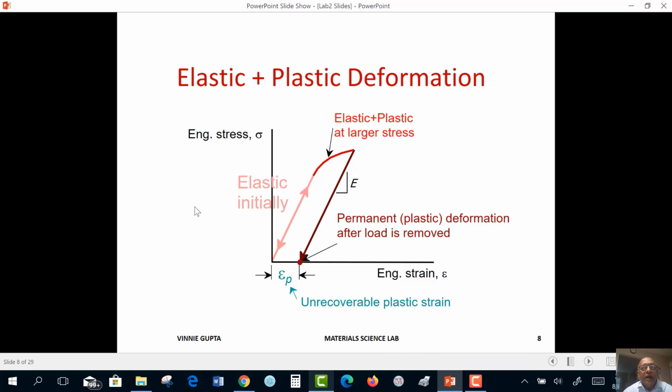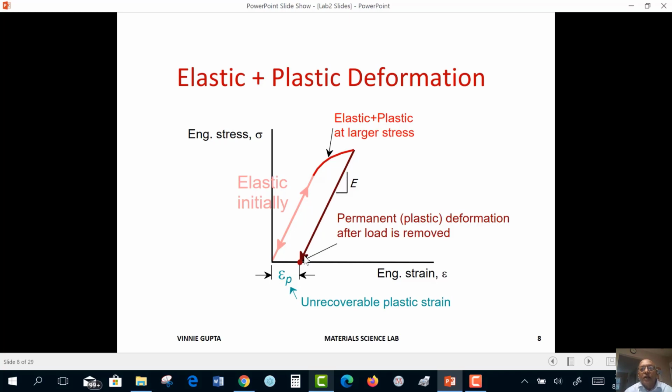Okay, so let's see what happens once we go beyond that point E, the elastic limit. Once we go beyond point E, we have plastic deformation. Now when we unload, when we remove the load, the stress strain curve follows this dark line.